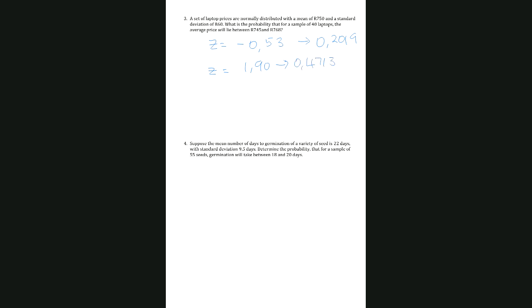And all you're going to do is add these two probabilities up, because we had said that the rule when we drew up the bell-shaped curve was that since both those values lie on either side of the central line, we would add them up when we got those final probabilities.